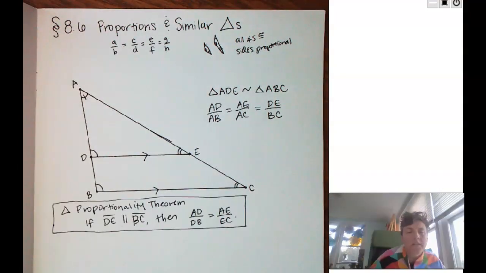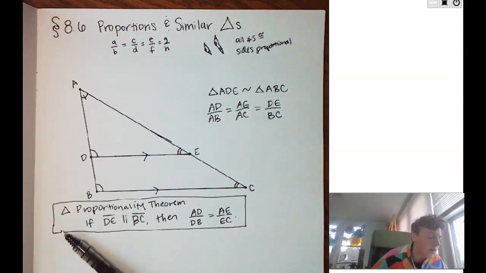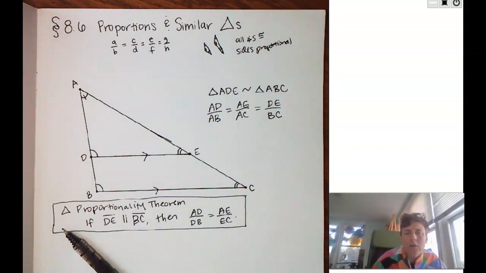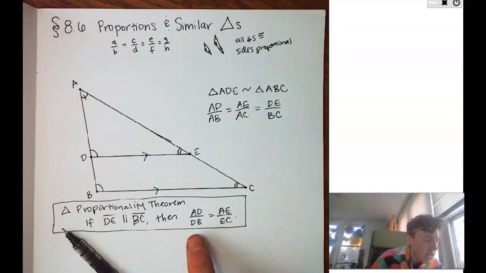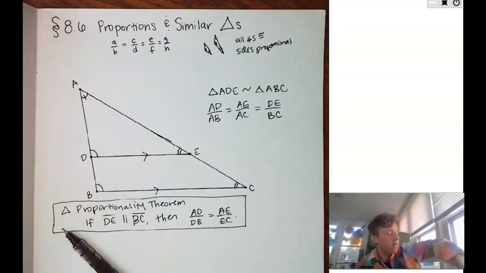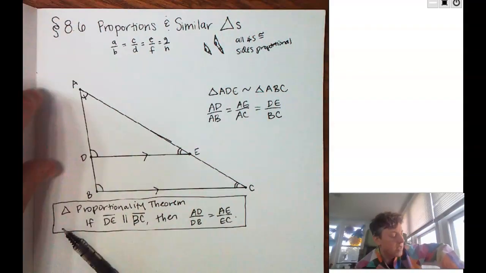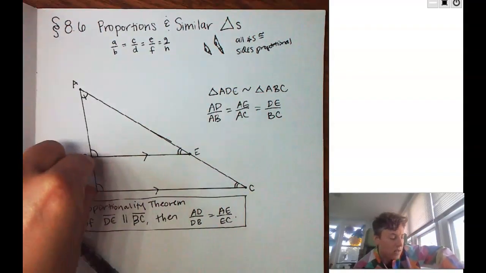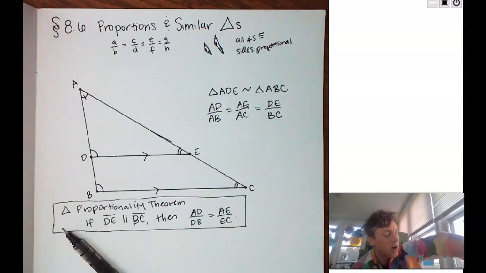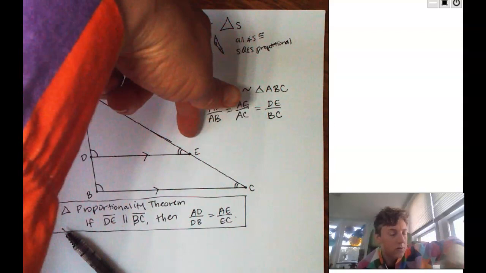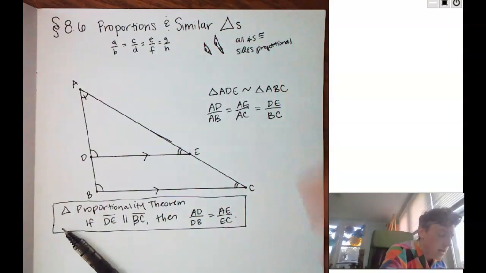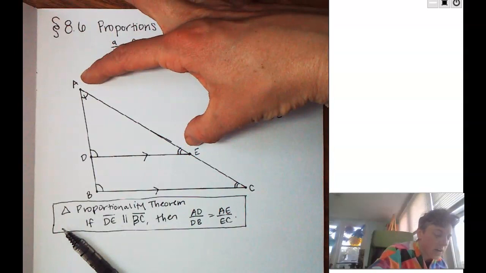So we just described the triangle proportionality theorem, which says if DE is parallel to BC, then those two triangles are similar to each other, so their sides are proportional. And we can even go so far as to say that segment AD over segment DB, the proportion of that segment over that chunk of side, is equal to the opposite side of the triangle, AE over EC.